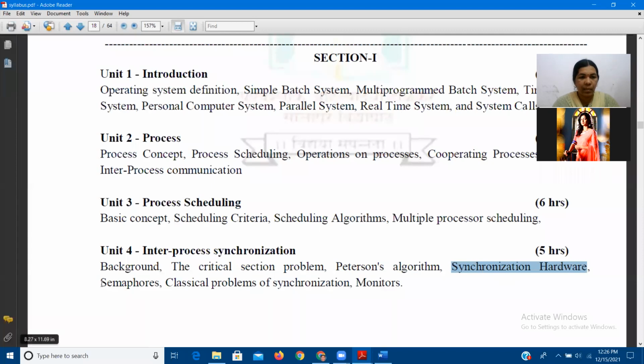And now we are discussing semaphore. One more solution we are going to discuss with the help of this concept of semaphore. We'll see what a semaphore is, etc. Again, in short, it is a solution to the critical section problem. Monitors are also a solution to the critical section problem. And then the point classical problems of synchronization.